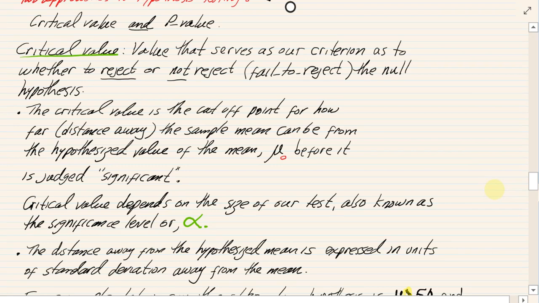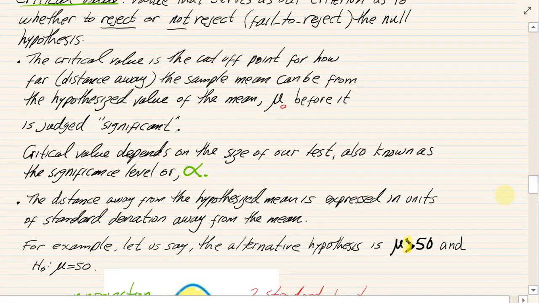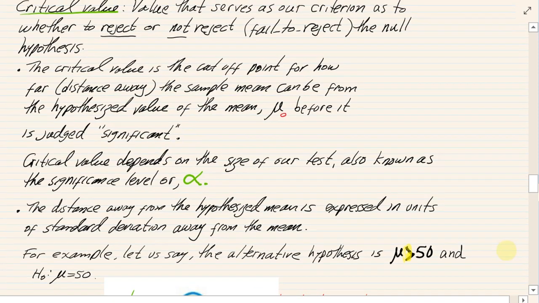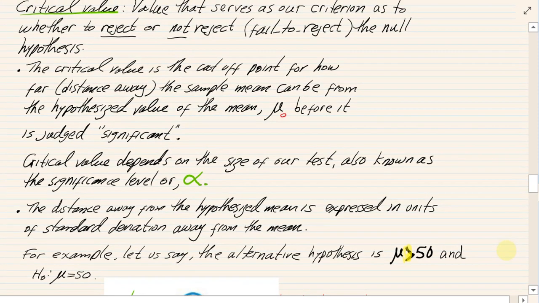What this critical value is, is the distance from the hypothesized mean expressed in terms of standard units, or standard deviations away from the mean. That's what the critical value is. So here I have an example before we actually look at this shape.